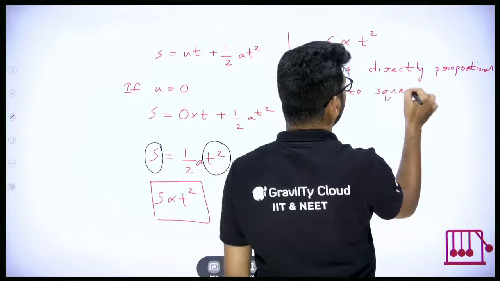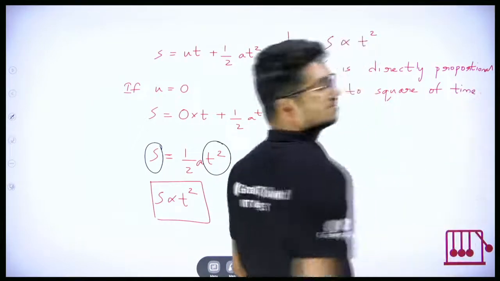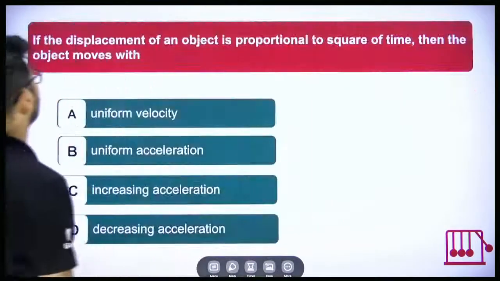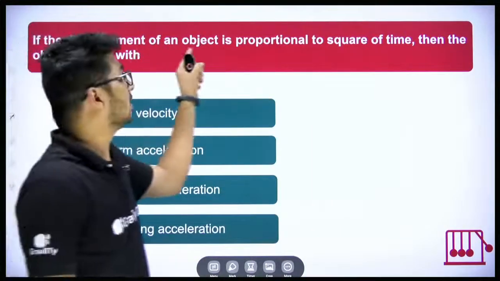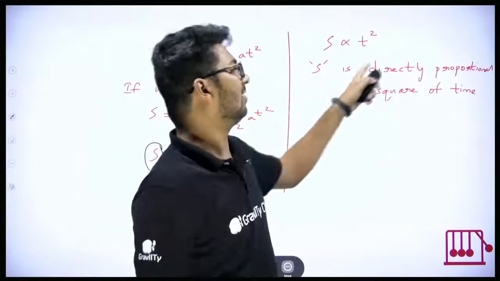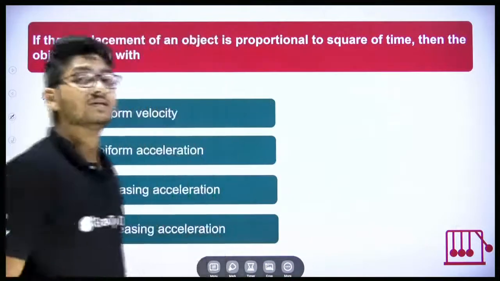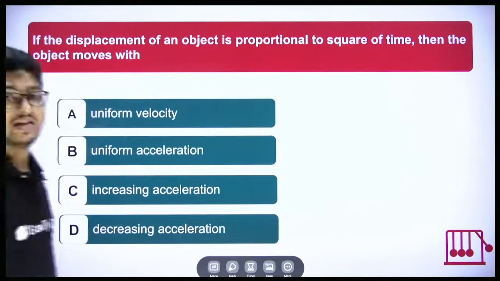That's how you write it down. That's what it means. Read the question once. If the displacement of an object is proportional to square of time, that's what we have here, directly proportional to square of time. Then the object is moving with.